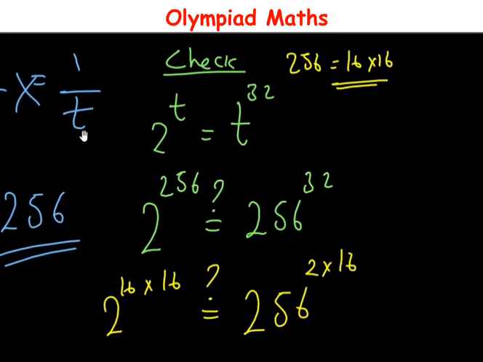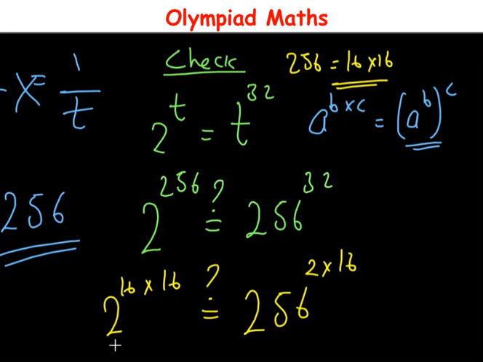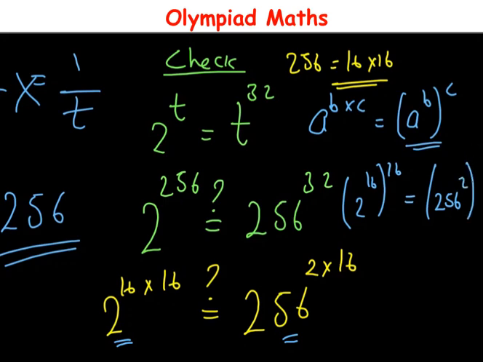So from here, following this rule of indices, that if you have a raised to power b times c, this equals in brackets a raised to power b all raised to power c. Applying this rule right here and here also, we then have in brackets 2 raised to power 16 all raised to power 16, which equals 256. So in bracket 256 all squared all raised to power 16. Are they equal to each other?